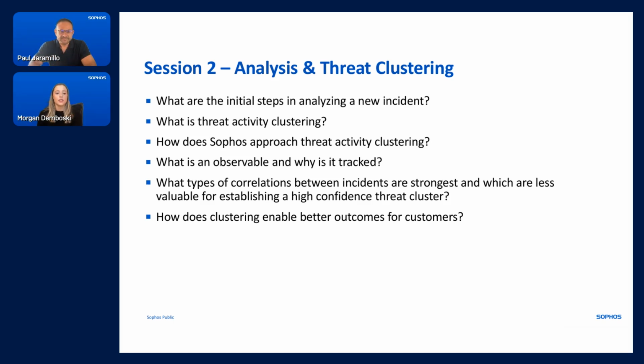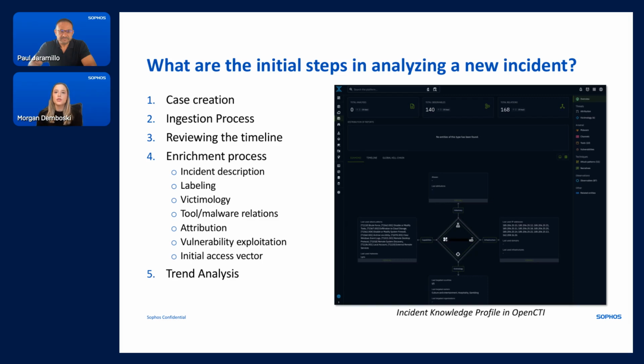Yeah, that's a great question. So when it comes to the initial steps in analyzing an incident, when a new case is created by our managed detection and response or our rapid response teams, we ingest those playbooks or spreadsheets that contain the activity timeline and the indicators of compromise into our threat intelligence platform, which is called OpenCTI.